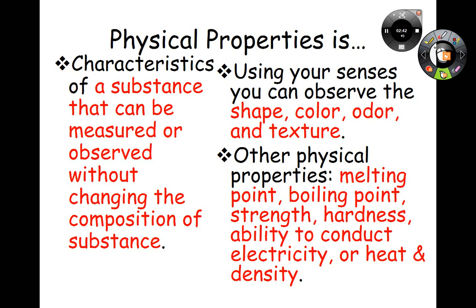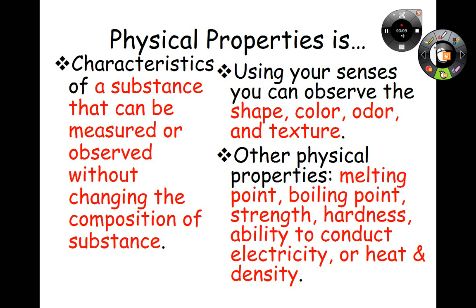While other physical properties are a little bit harder for us to touch and taste, but we can for sure measure them, like melting point, boiling point, strength, hardness, ability to conduct heat and electricity, and density. These are all physical properties of matter.